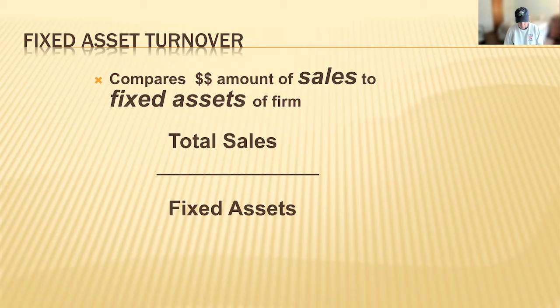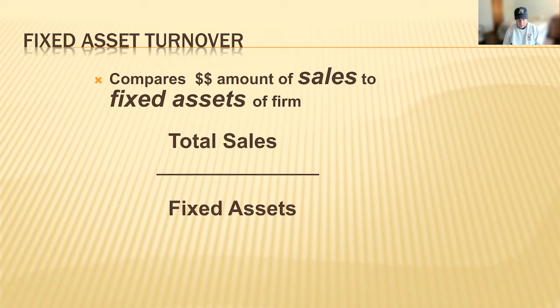So in our example, maybe we said we had $1 million worth of sales in a year, and the fixed asset component might be something much greater than that. Let's say $2 million in fixed assets between all of your equipment and the real estate and so forth.